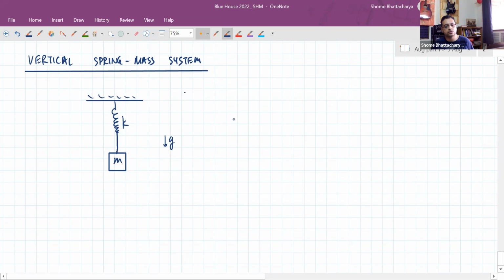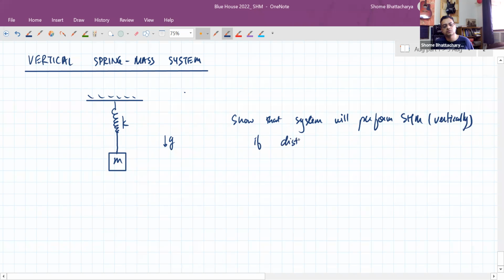So first of all, we want to show that the system will perform SHM vertically if disturbed from the equilibrium.